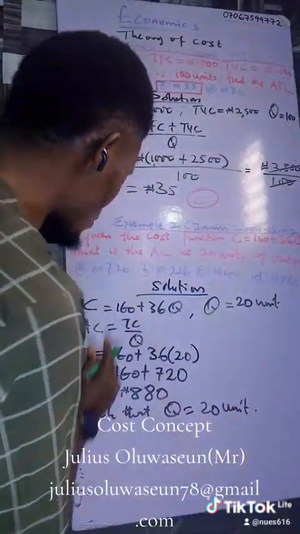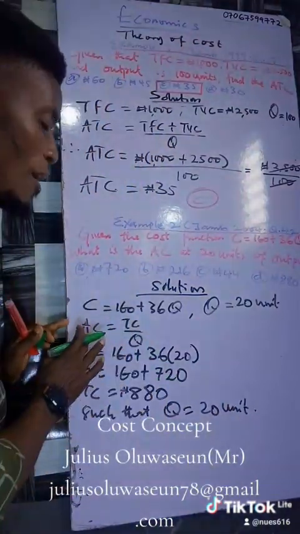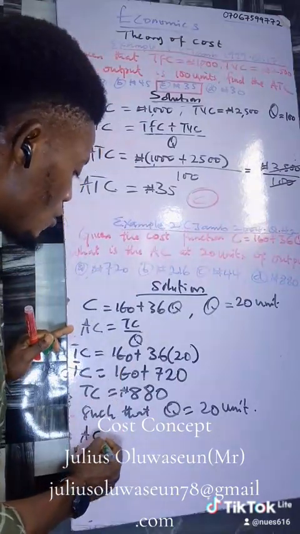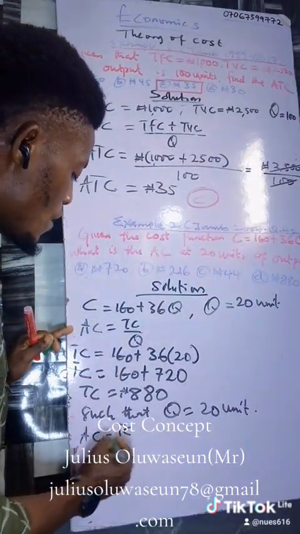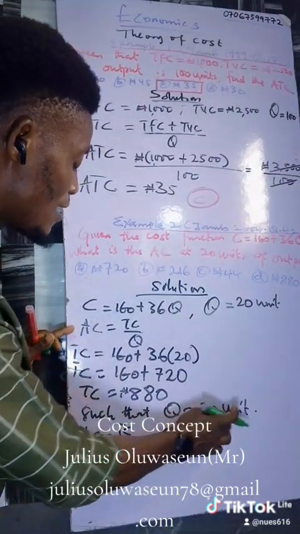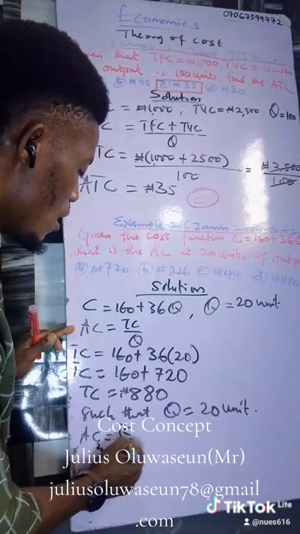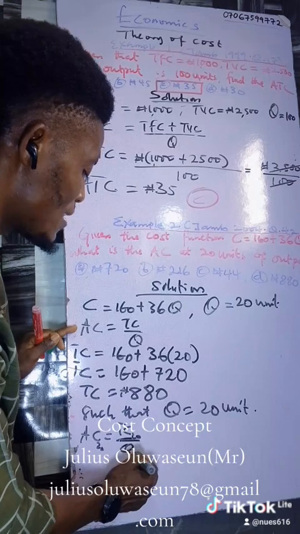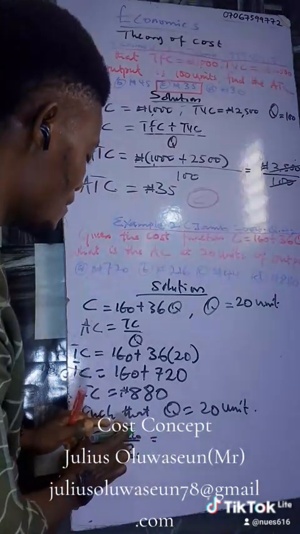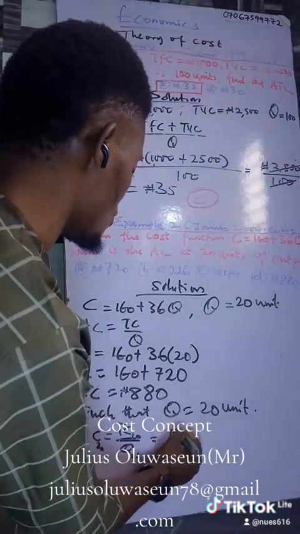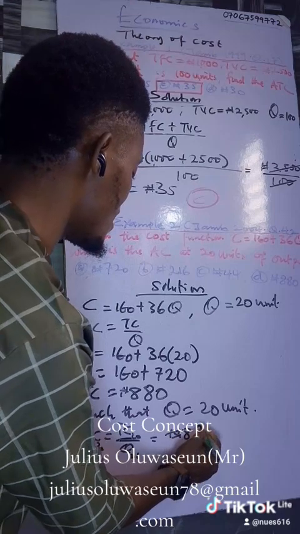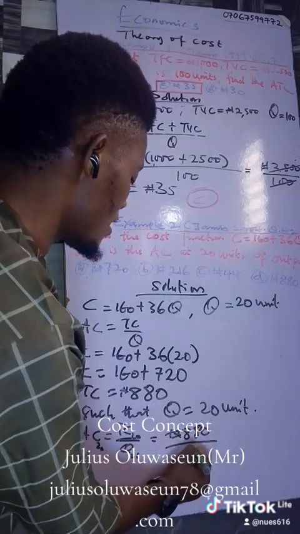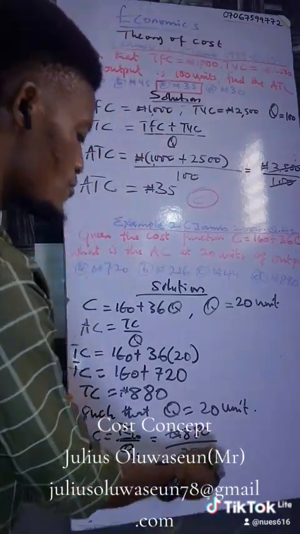Going by the prescription of our model, our average cost is equal to total cost over Q, which is 20 because we are dealing with 20 units. So our TC at 20 is going to be 880 all over 20.